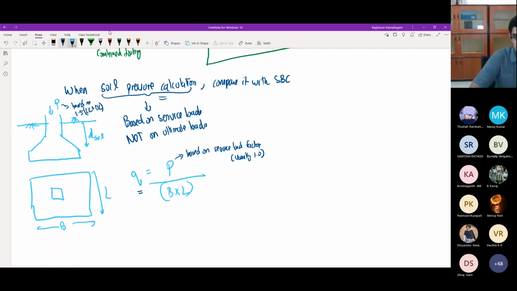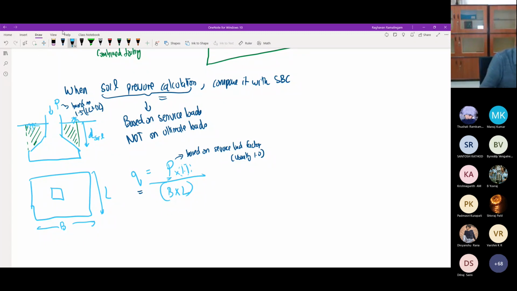This depth of soil is not included in P. Before you decide the size of your footing, you may not know the total weight of soil acting on it. So that is not known beforehand. One good, commonly used correction is to multiply by 1.1. This 1.1 takes care of any soil that would have been present on top of the footing. This is just an approximation.